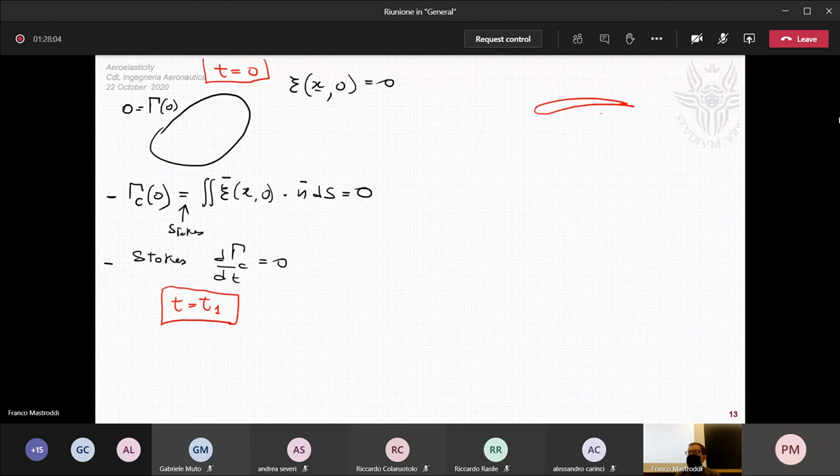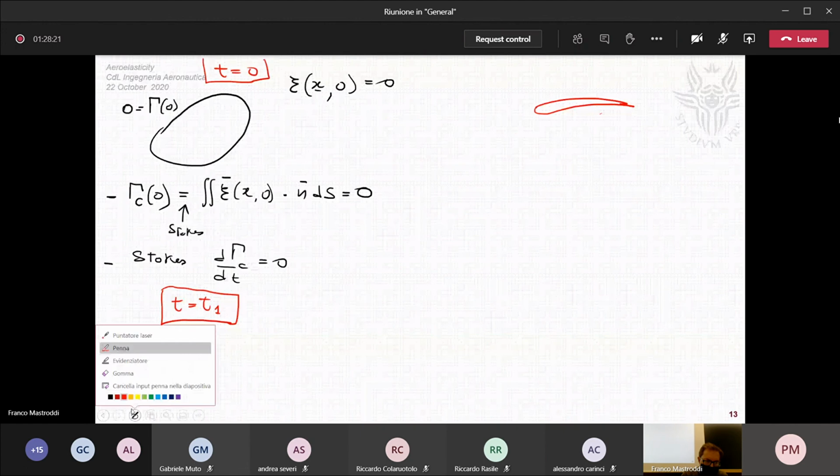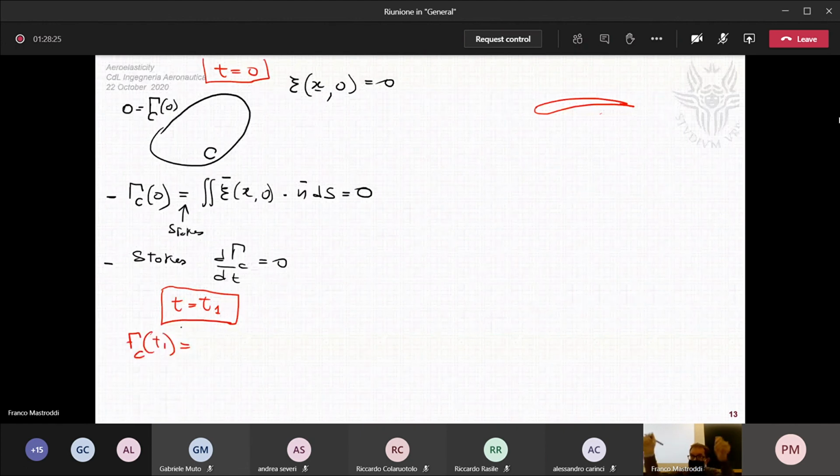It is the Kelvin theorem. In fact, at t equals t1, gamma in t1 is still equal to 0 for that contour, a fixed contour of particles.